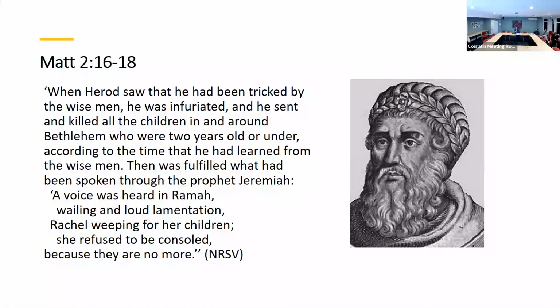And this problem is compounded if we look at the way in which the story was retold in the 2nd century in that apocryphal gospel we've mentioned before, the Proto-Evangelium of James, the Proto-Gospel of James, which is really an expanded story of the infancy of Mary and the infancy of Jesus.